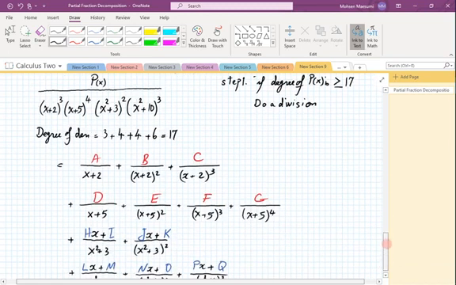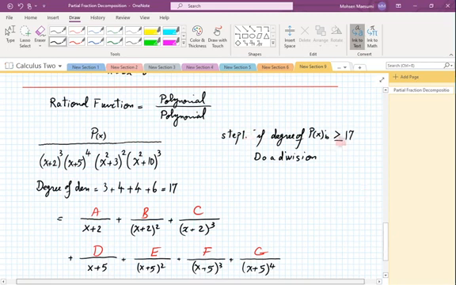So let's go back. Step 1, if the degree of the polynomial in the numerator is larger than the denominator, you do a long division.